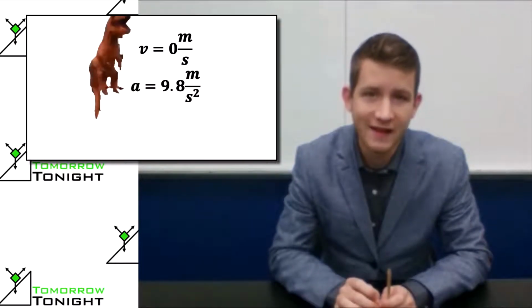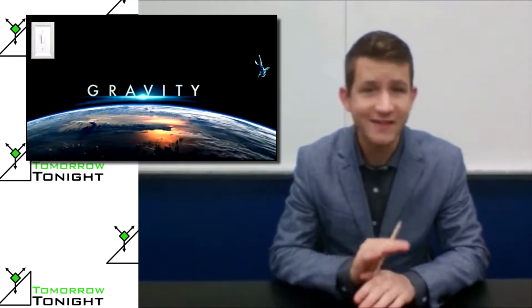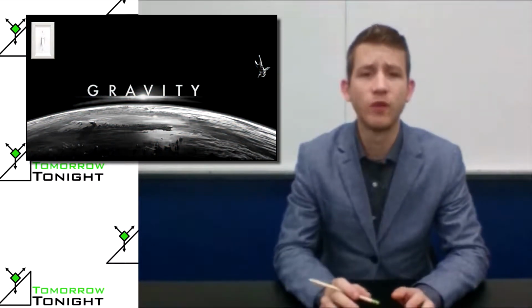It's ridiculously important to note that the acceleration of the T-Rex at its apex is still 9.8 meters per second squared down. Gravity doesn't just turn off. Let me put it this way.